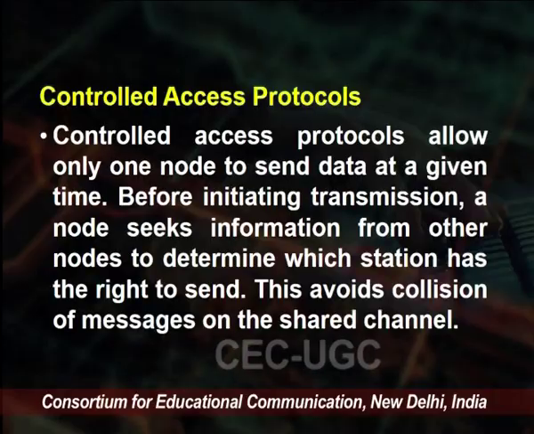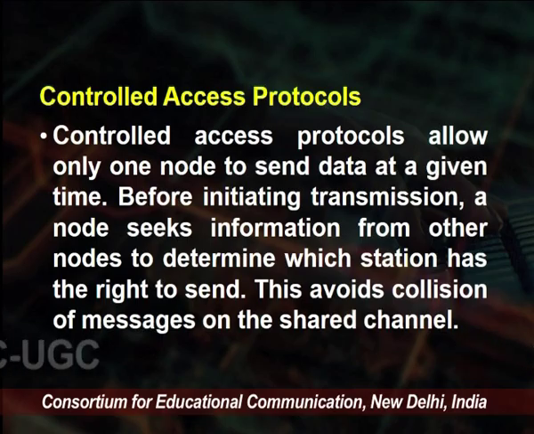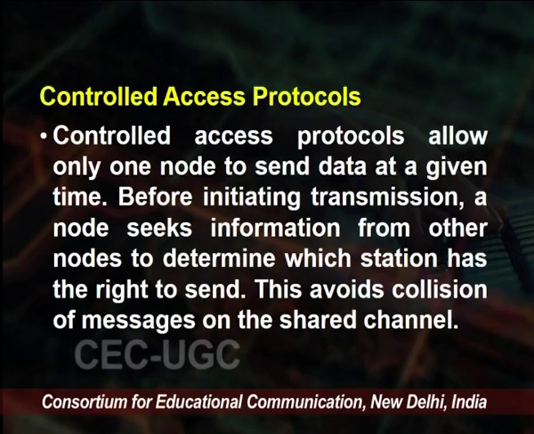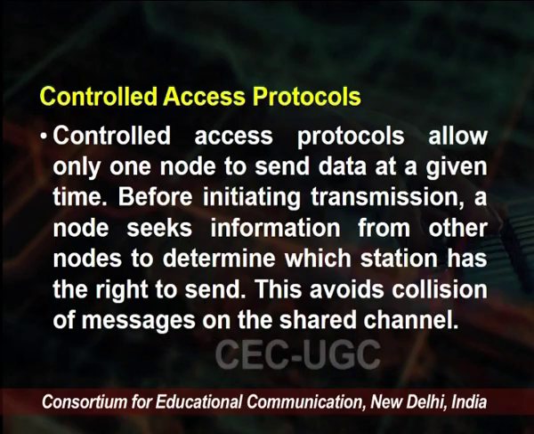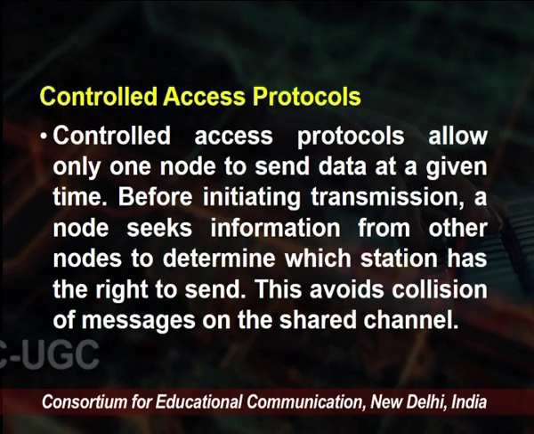The next category was controlled access protocols. Controlled access protocols allow only one node to send the data at a given time. Before initiating the transmission, a node seeks information from other nodes to determine which stations have the right to send, or wish to send.